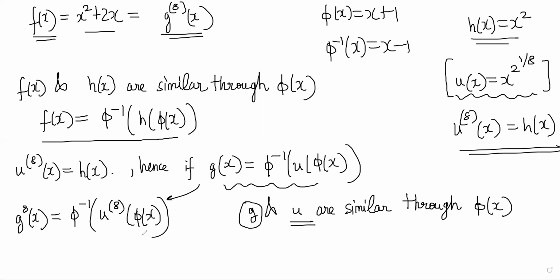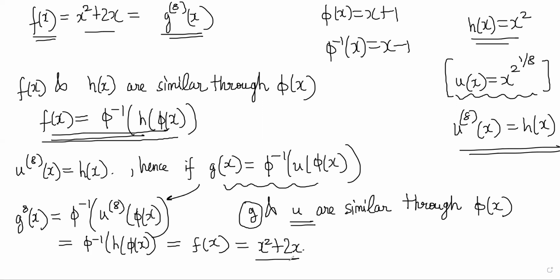And now, because we know that u of 8 of x is h of x, this can be written as phi inverse of h of phi of x. And phi inverse of h of phi of x is f of x, if you can see here. So that means f of x is x square plus 2x, right? And g of 8 of x is becoming equal to x square plus 2x.